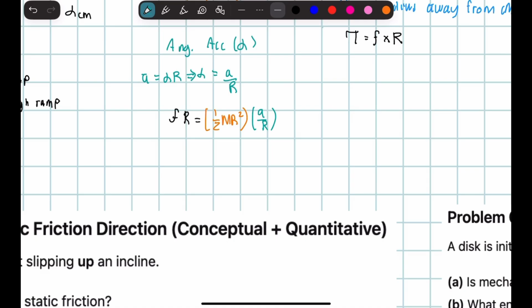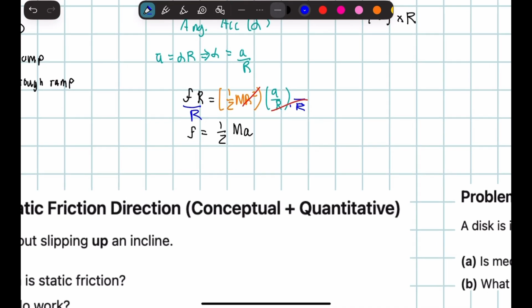Yeah, so I have F is equal to 1/2 of ma, because you have to divide that by r. So you multiply it by r down here, that means 2 r's, that cancels out.